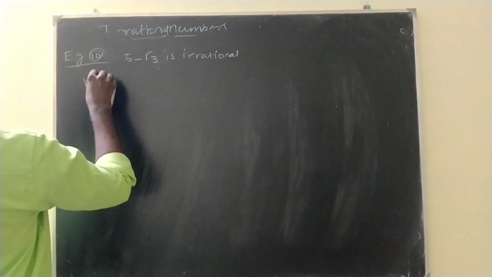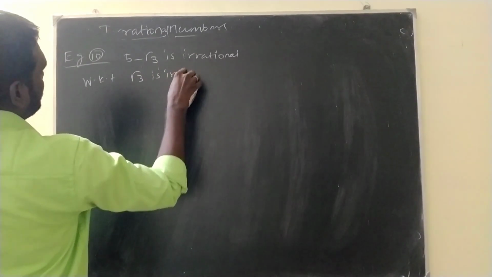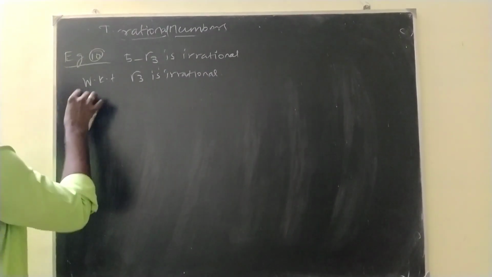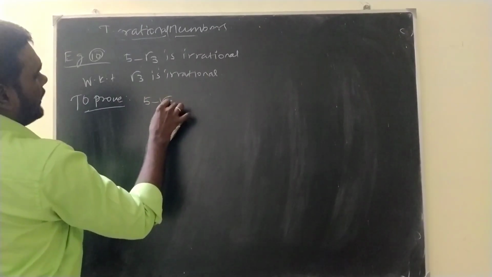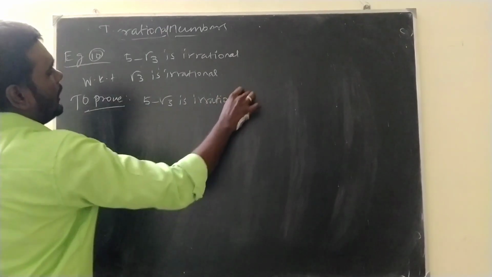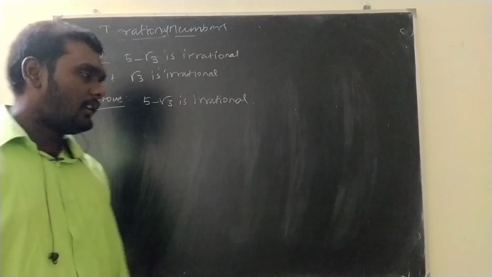Now I am simply writing, we know that root 3 is irrational. Okay. And we need to prove this 5 minus root 3 is irrational. By what method can we prove this? Same method. Assume the contrary.